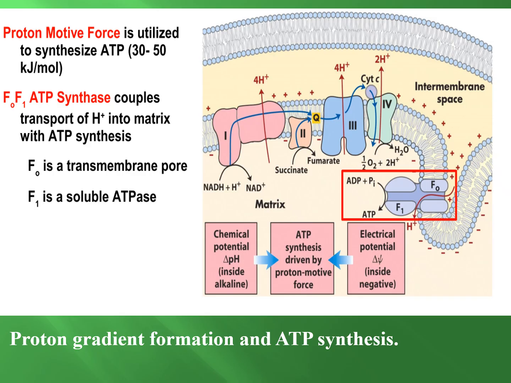And next to complex 4, there is, as some books say, complex 5 or ATP synthase. So when H ions try to balance the charges again and move through this ATP synthase, they cause movement in the ATP synthase.